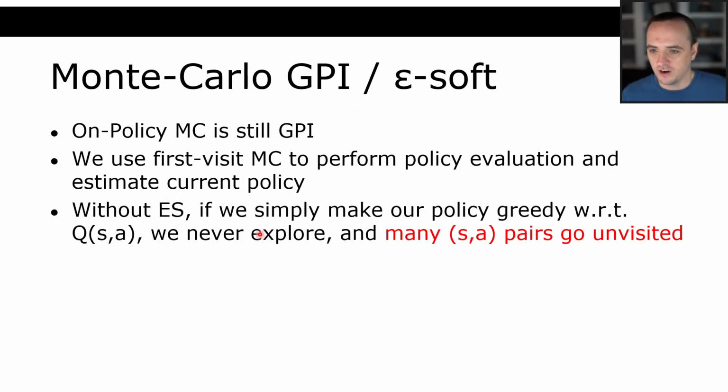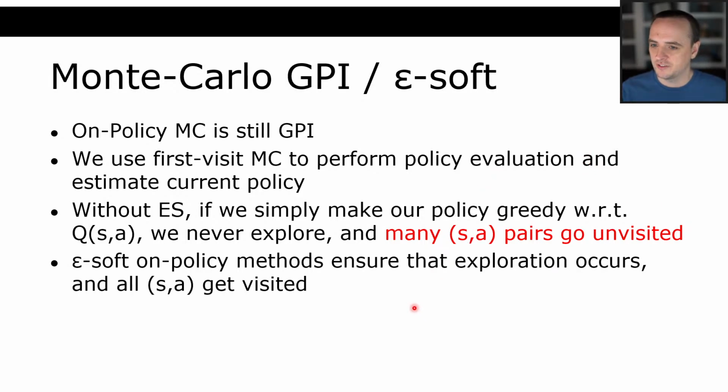Without exploring starts, if we simply made our policy greedy, we would never explore and many of these state-action pairs would go unvisited. Epsilon-soft on-policy methods ensure that exploration occurs and all state-actions get visited, right? By making sure that we always have a chance, even if it's small, of taking any action at any state, it means that as we run millions and millions of iterations, we eventually visit all state-action pairs.